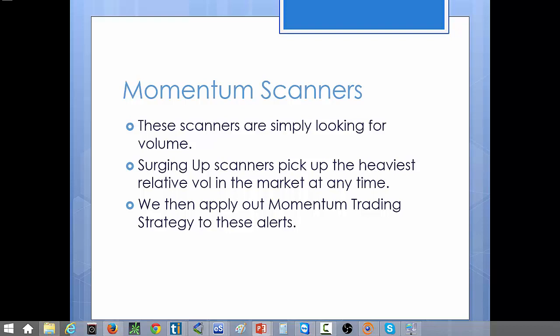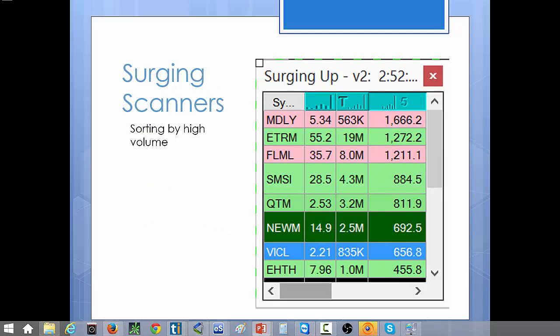So we know as day traders, we profit from volatility, and volatility needs volume in order to be at least relatively predictable. Okay, so I'm going to use the surging up scanner right here all day long to search for the stocks with the highest volume. And I'm going to sort it by 5 minute volume surge. So in this case, anything over 500 is going to be pretty interesting to me.